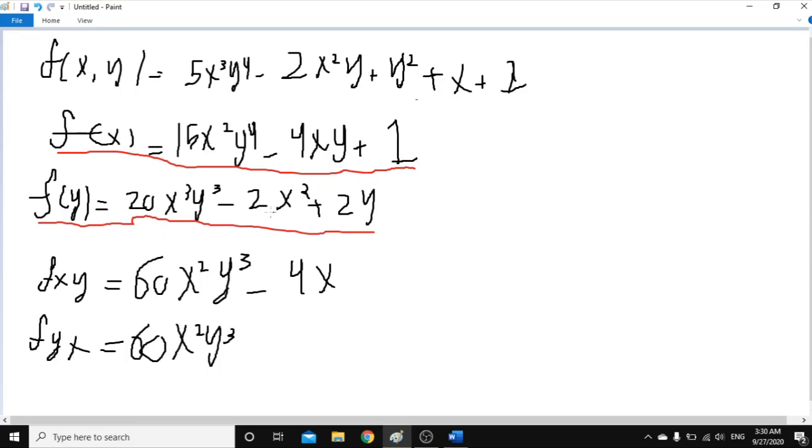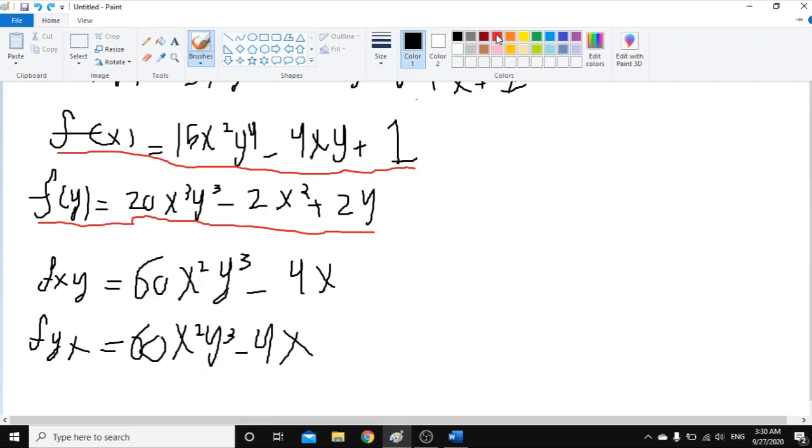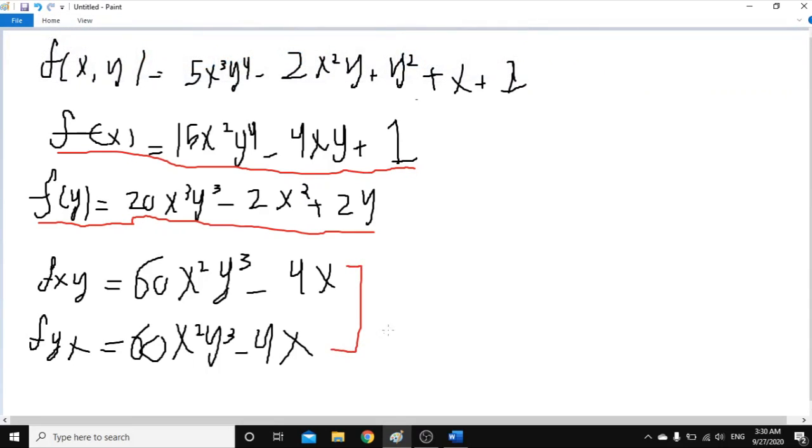So minus 2 times 2 is minus 4x, and then plus 2y is 0 because we're dealing with respect to x. And notice here the answers that we've got, they have the same answers.